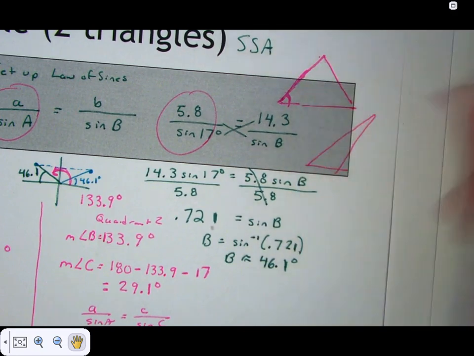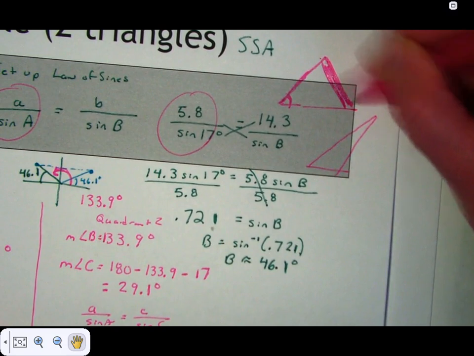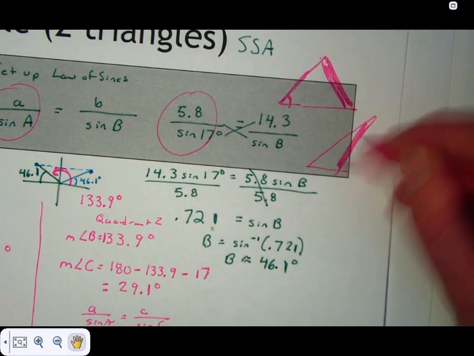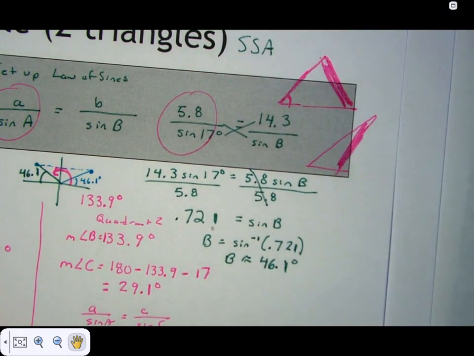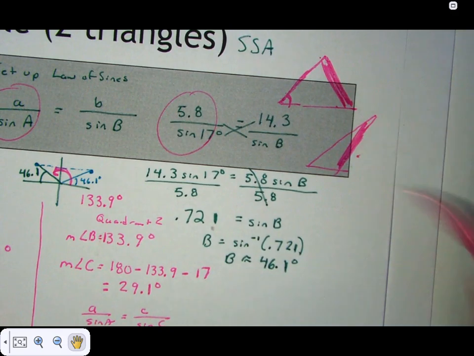When that happens, this last side either goes out, this one, or it goes in. There are two different triangles that you could make. So what we're doing is finding all the sides and angles if it makes this one, and all the sides and angles if it makes this one.